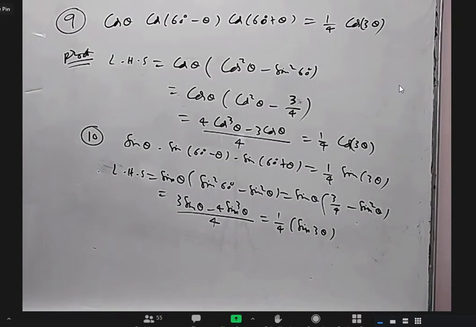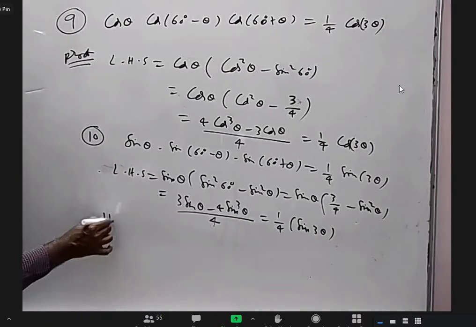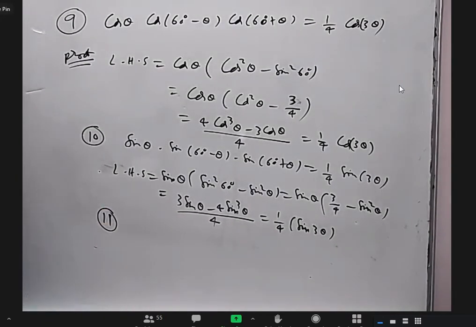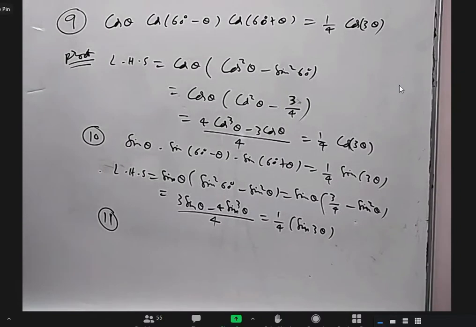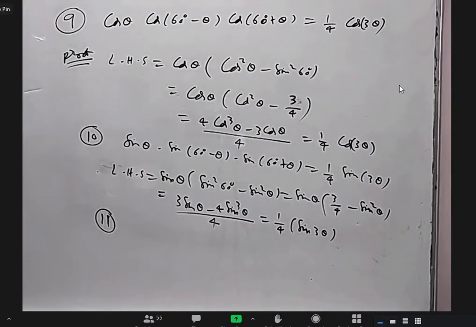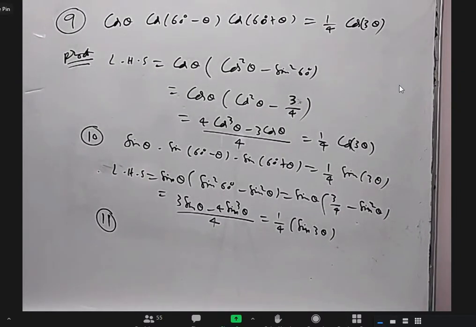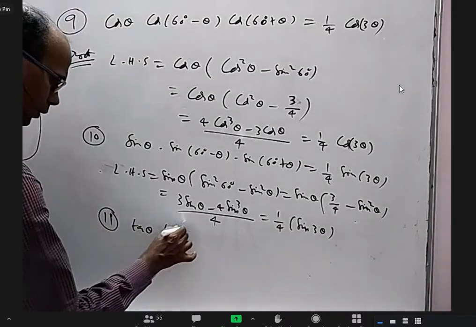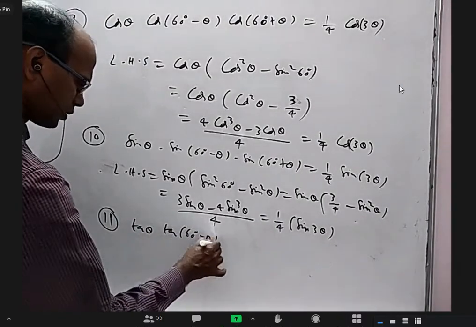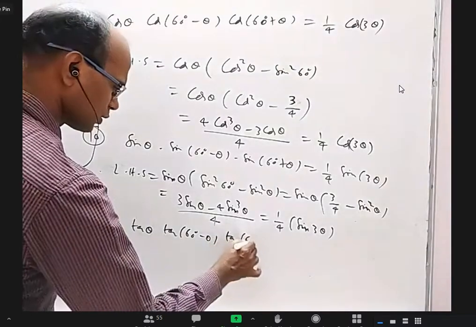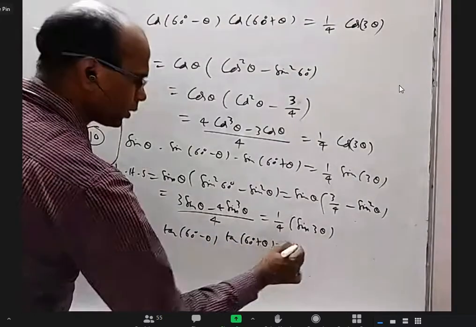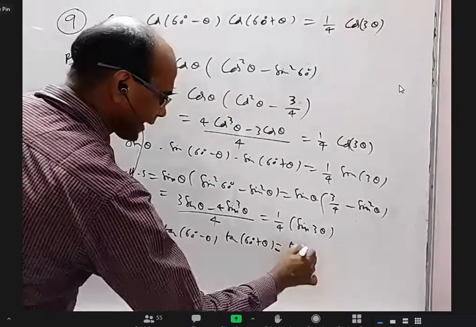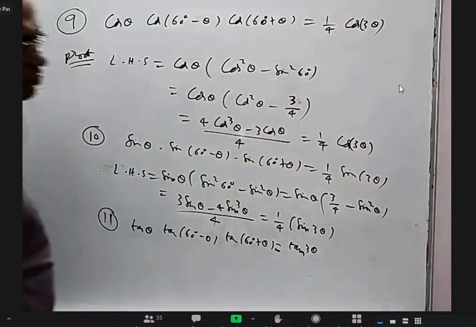Anyone want to guess what will be the similar formula in terms of tan? Sir, tan 3 theta? Yes. Tan theta into tan 60 minus theta into tan 60 plus theta is tan 3 theta. 1 by 4 will not come.